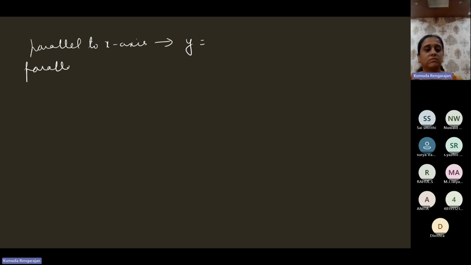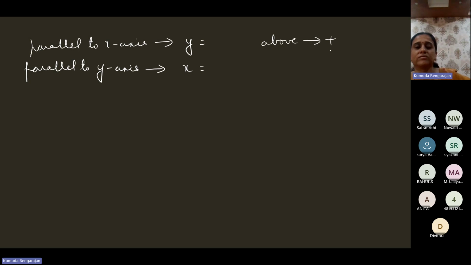Parallel to the y-axis, it will be x is equal to. The x-axis will be above and below. So parallel to the x-axis and above the x-axis will be positive. Parallel to the x-axis and below will be negative.